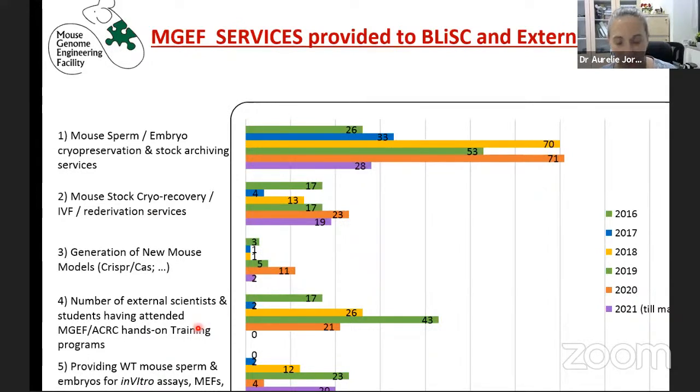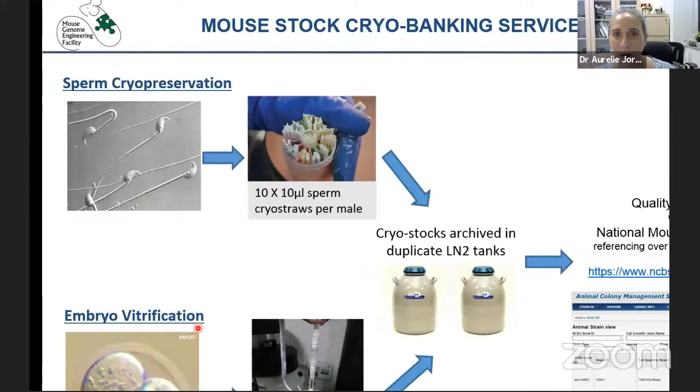Okay, so first let me just go over a little bit the cryobanking services that we have here. And why it's important is not only to preserve your stocks during disaster, to be able to recover them in case of disaster. It's also to preserve the genetic quality of the stocks.